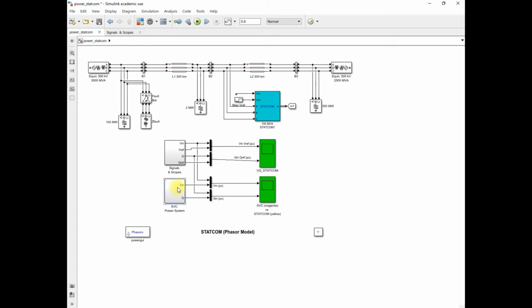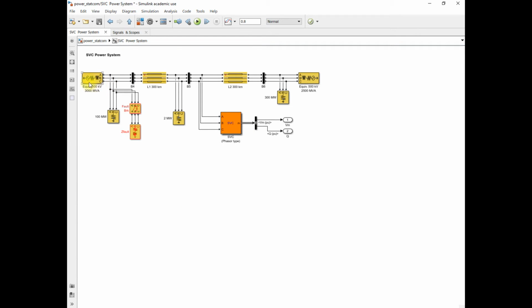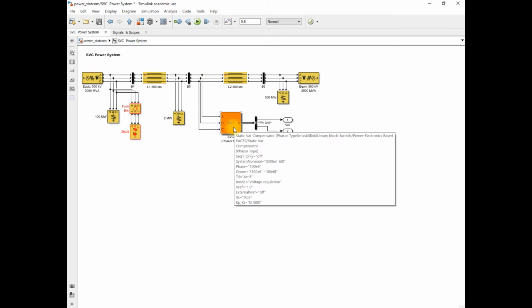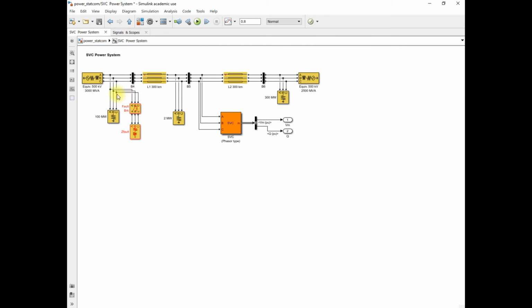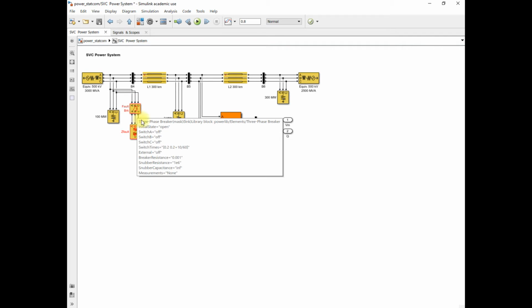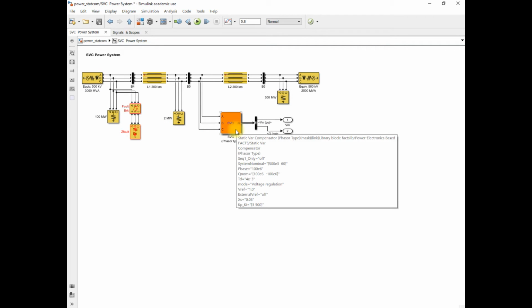If you double click on this, you can see that you get the same power system of the same capacity, but at bus B5, the middle of the line, the SVC is connected with the same rating of plus or minus 100 MVA. Now during the fault condition at bus B4 in the SVC, we find out how this SVC provides the response.